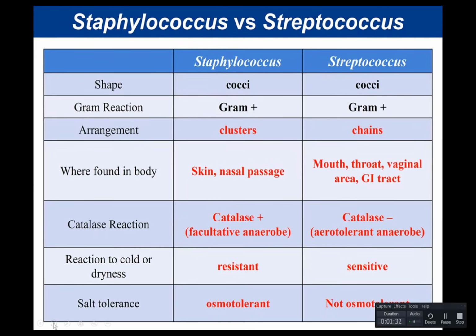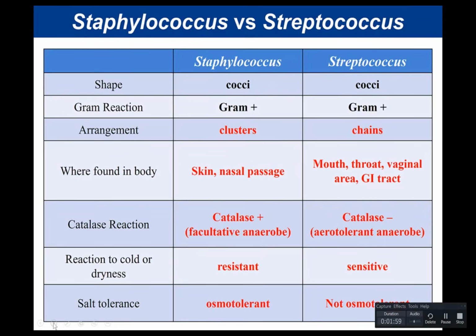Staphylococcus is going to be found in clusters, right? Staphylo refers to grape-like clusters. Strepto refers to chains. Where it's found in the body is going to be different. Staphylococcus is found primarily on the skin and the nasal passage. Streptococcus is found in the mouth, throat, vaginal area, GI tract, etc.